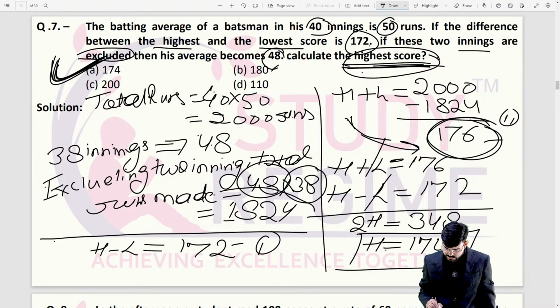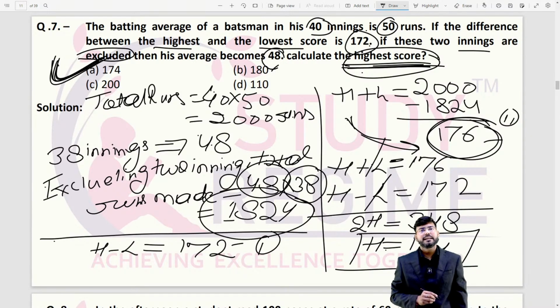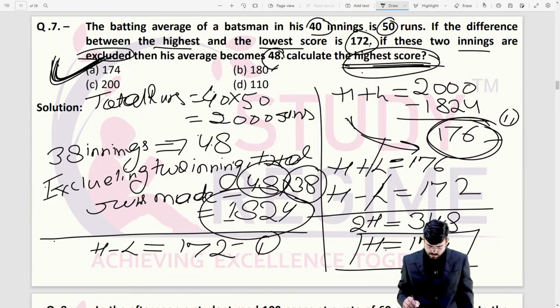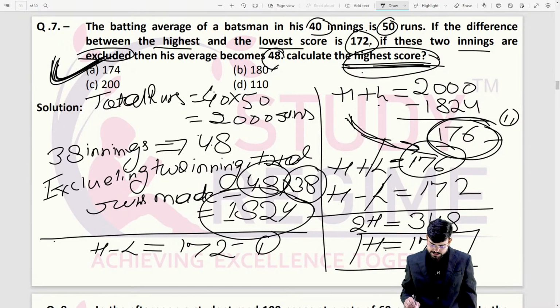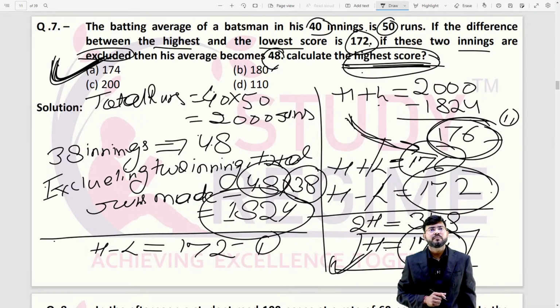The total runs made by him comes out to be 1824. Now, what are the runs after adding highest plus lowest? I subtracted 1824 from 2000 and got 176. So I got two equations, H plus L is equal to 176 and H minus L is 172. After solving this simultaneously, I got the highest run made by the batsman as 174. Clear?